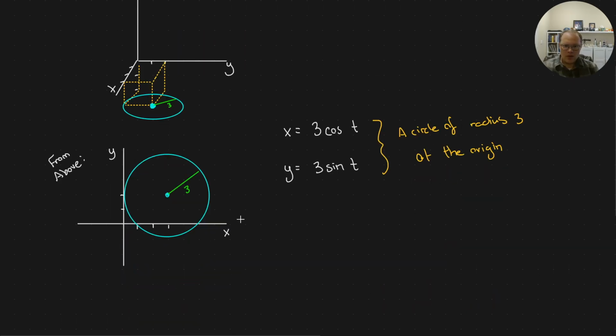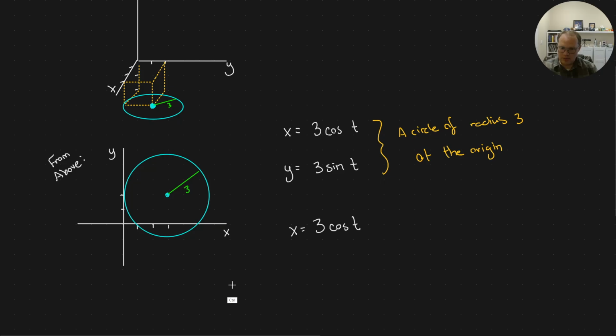To offset it, the center would normally be 0, right? So I just want to take this center here and move it over.